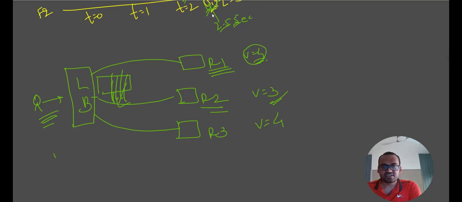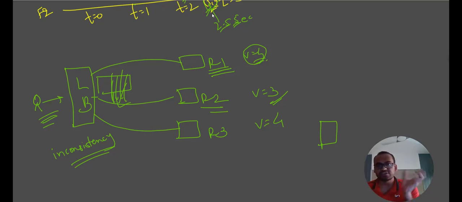So the client will see inconsistency in the data. We want to avoid these random reads, where requests are sent to random replicas.